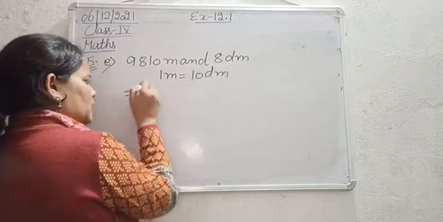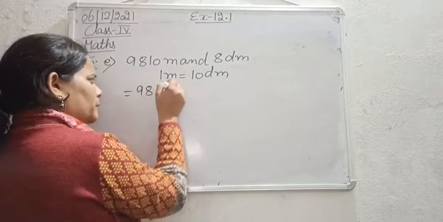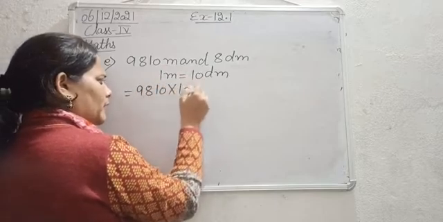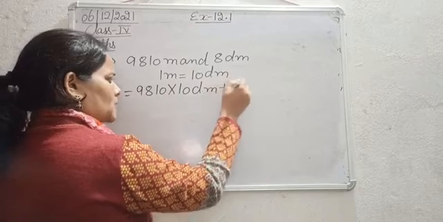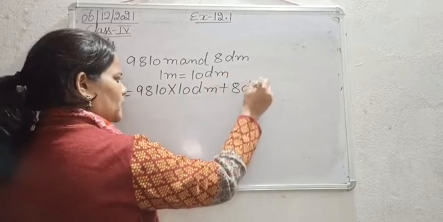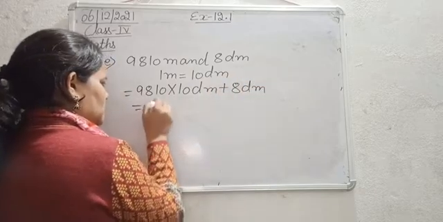So 9,810 will be converted into decimeter by multiplying with 10, plus 8 decimeter.